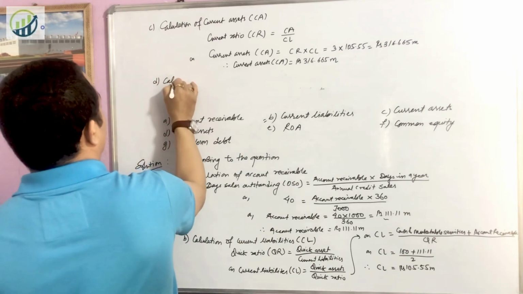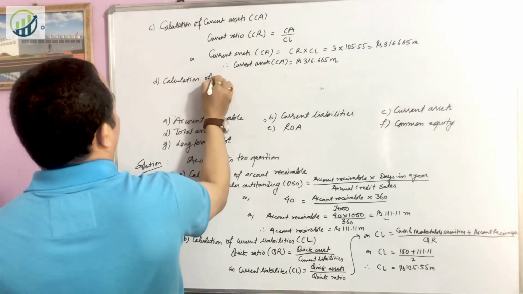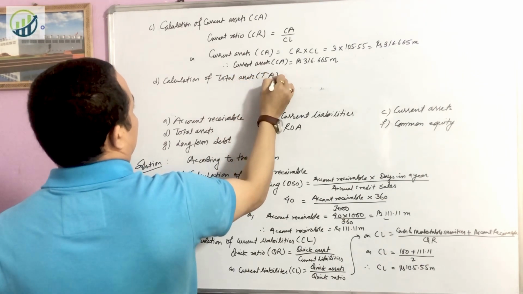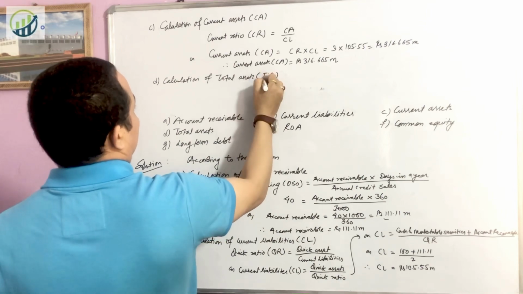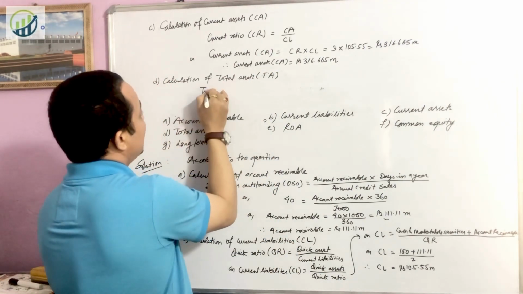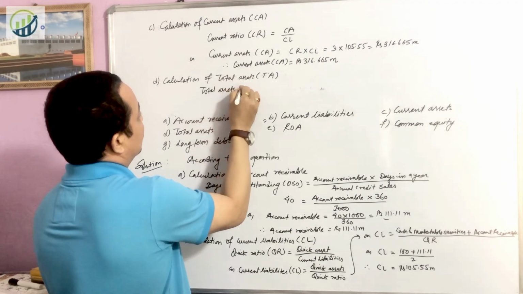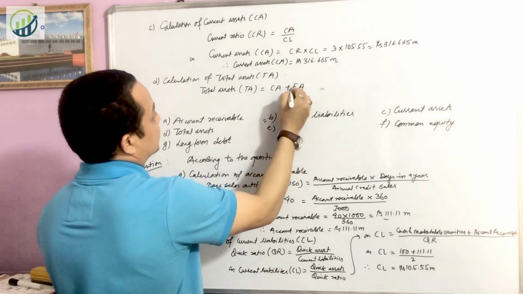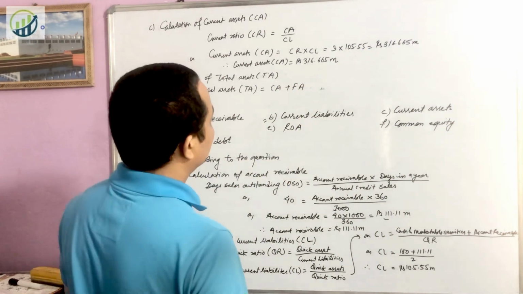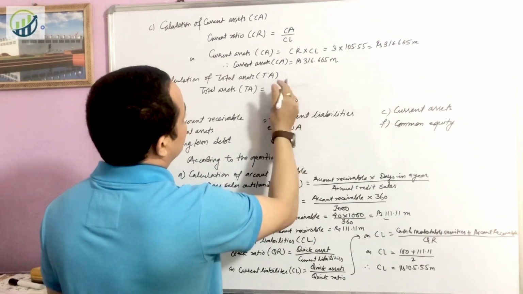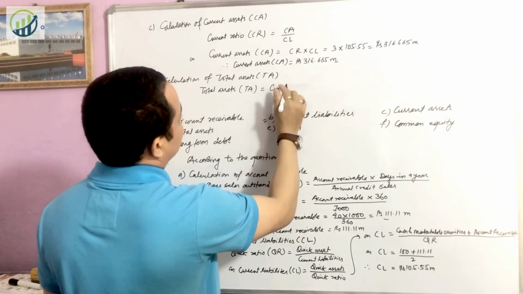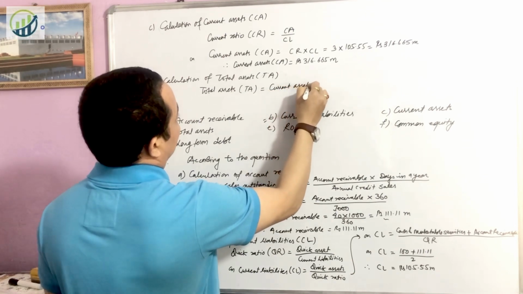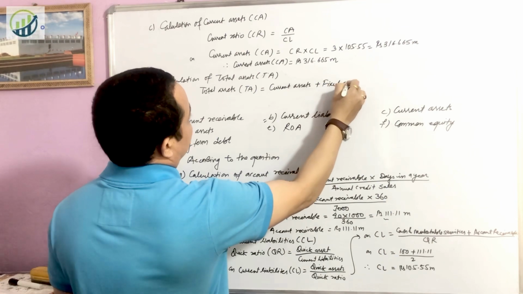Okay, now after you find this, you have to find the total assets. The calculation of total assets, TA. Total assets TA equal to current assets plus fixed assets.